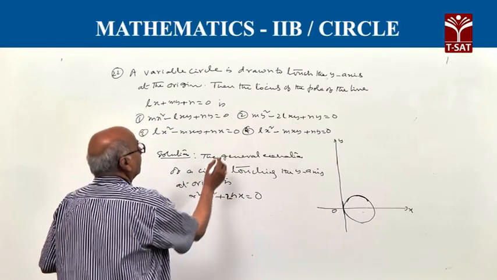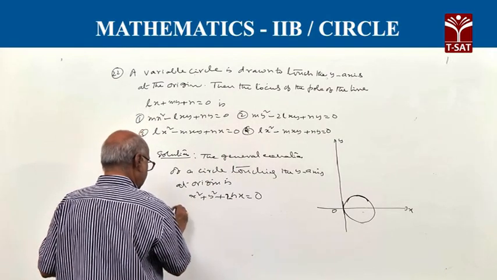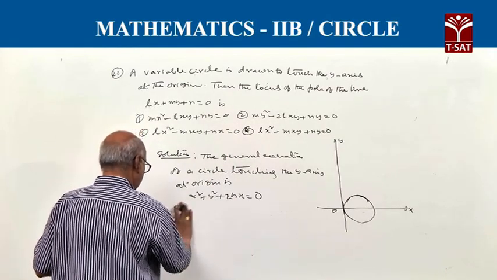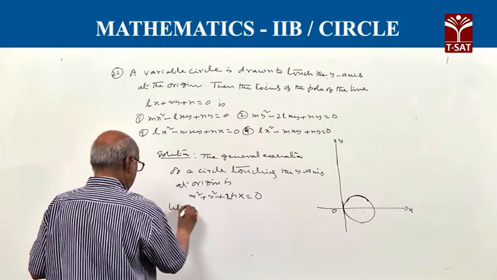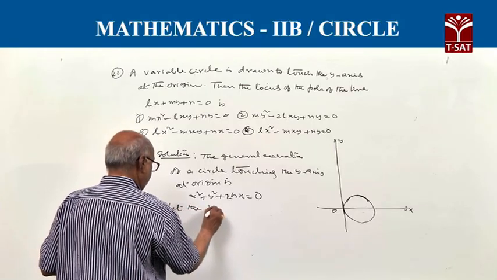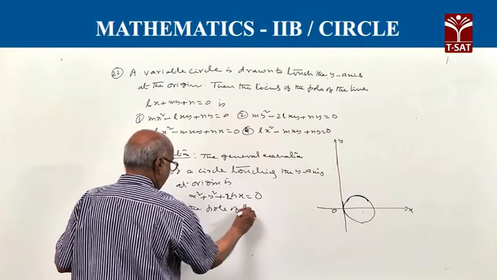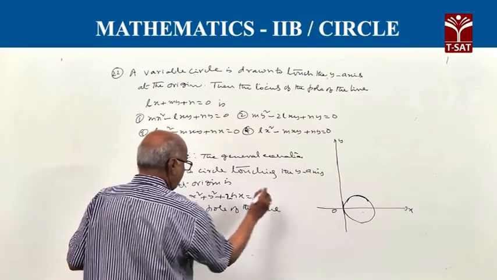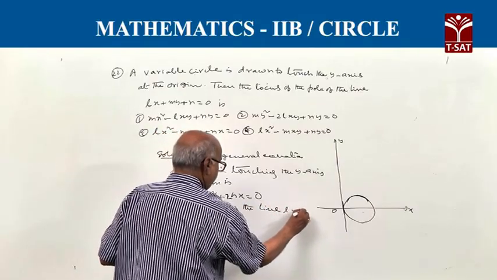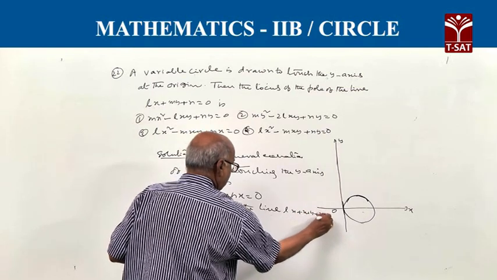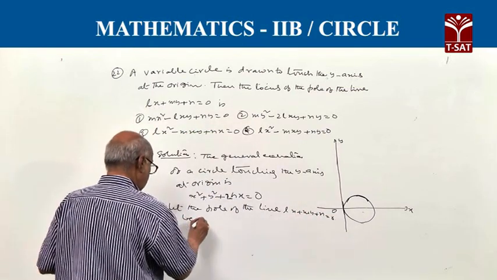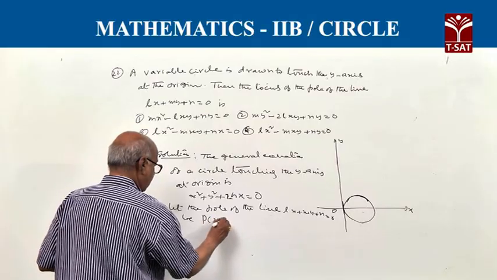Now, let the pole of the line Lx plus my plus n equal to 0 be P(x1, y1).